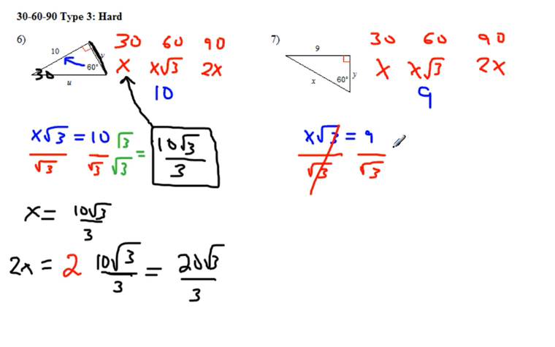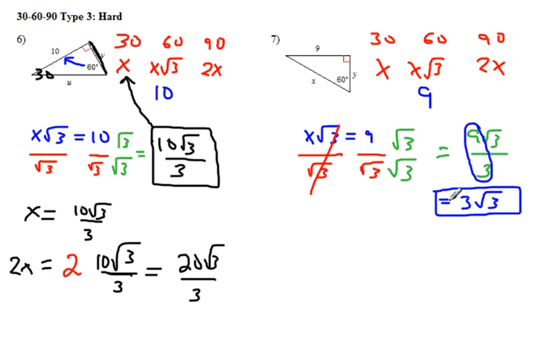And then we have to rationalize the square root of 3. So we get 9 root 3 over 3. This is a slightly nicer number to work with because we can, of course, divide 9 by 3. That gives me my number 3 root 3. And that is our x. X equals 3 root 3.